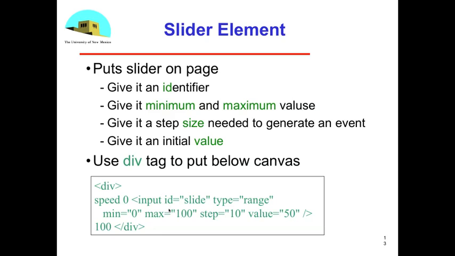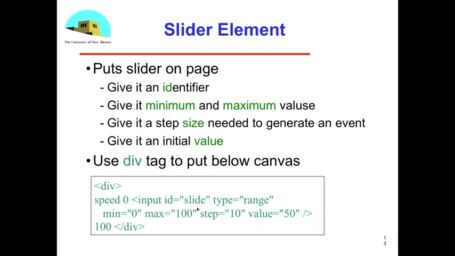So here's one. I do a division element. Now this text on the left is going to appear. It's just text, it's not within a tag, so it's going to come out on the left of the element that I'm putting over here, and on the right I'm going to put 100, so it says the speed is going to go between 0% and a maximum of 100%. Now here's the type.